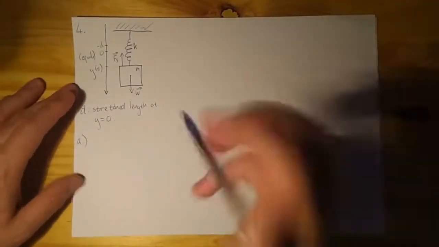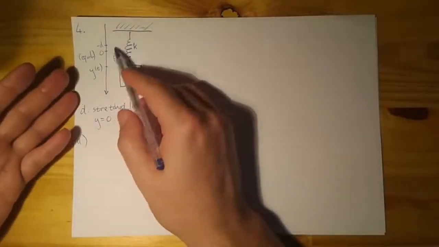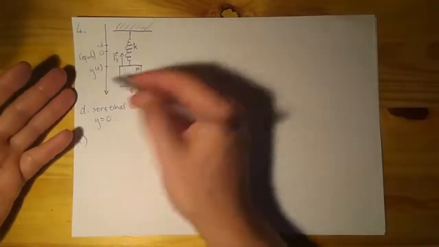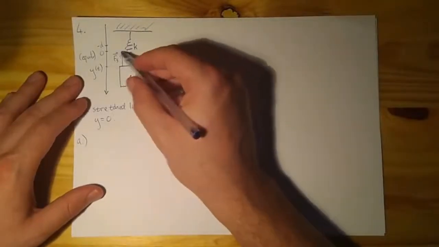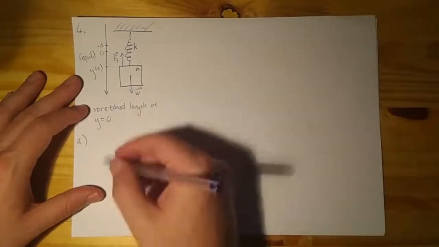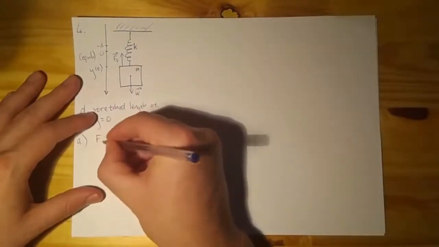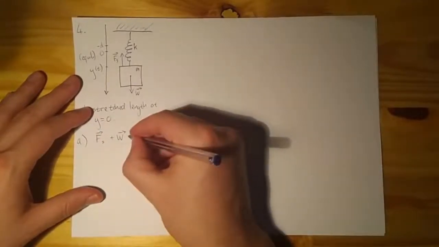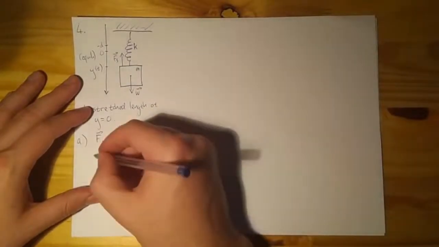Okay. Now for A, we have to find out what d is, and that is very simple. So how much is it stretched if the block is at 0? That is just where the spring force and the weight cancel. Now at 0, what is the force?